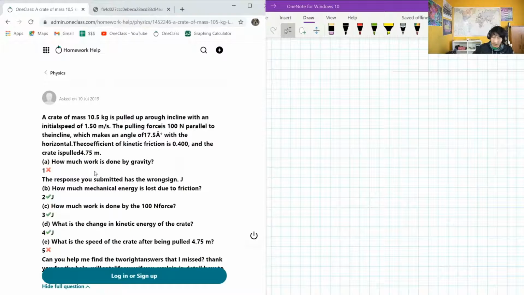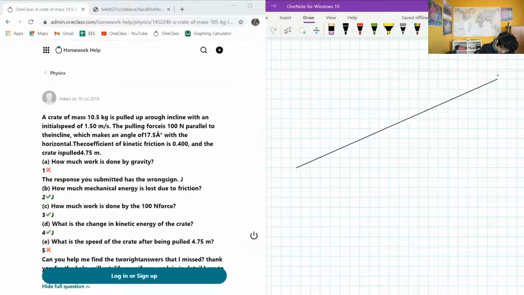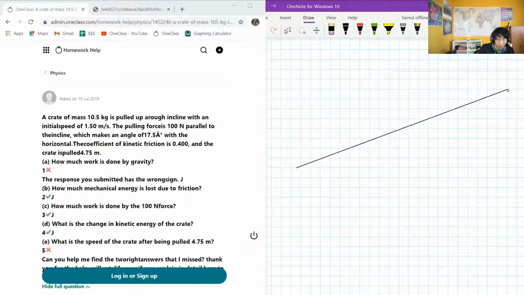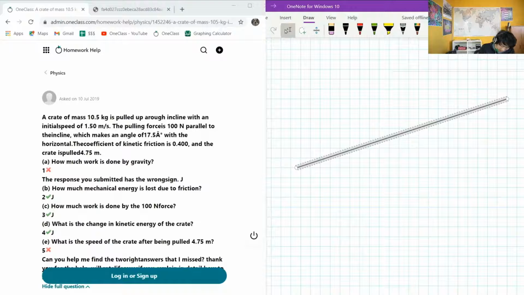Okay, so let's draw a diagram for this little description of a situation right here. So we have a slope. Let's draw a nice slope, like a straight line like this. And this is going to have an angle.